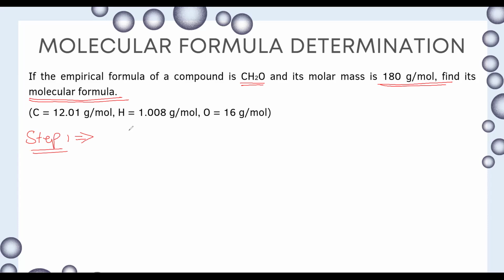And they have told us that the empirical formula is CH2O. So now let's calculate the mass of this. What am I going to do? I'm going to outline the elements C plus H2 plus O. So that gives me, what is the atomic mass for carbon in this question?